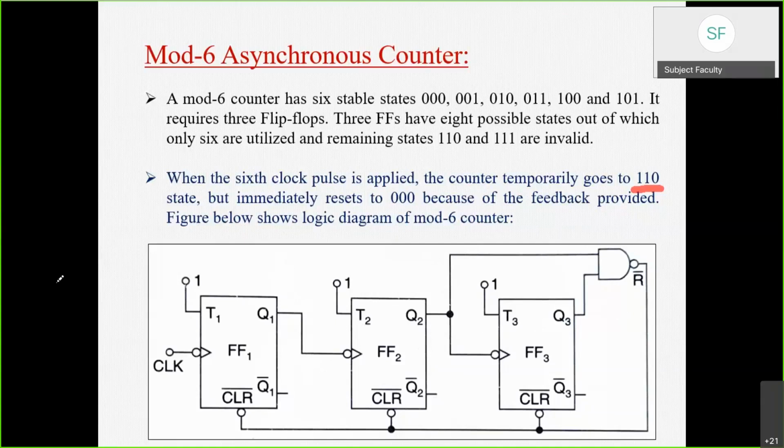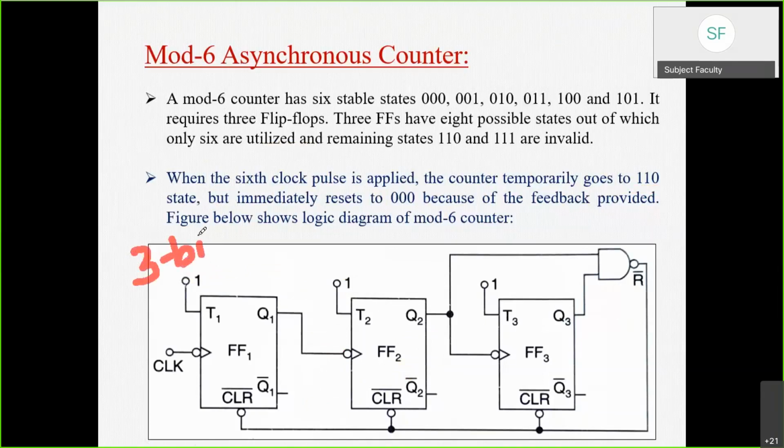The figure below shows the logic diagram of the mod 6 counter. It is quite simple because we have already recognized this circuit as a 3-bit asynchronous up counter.